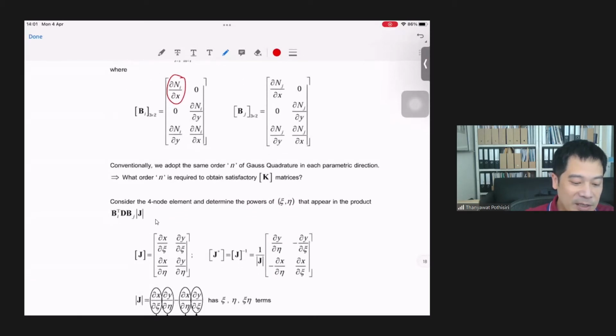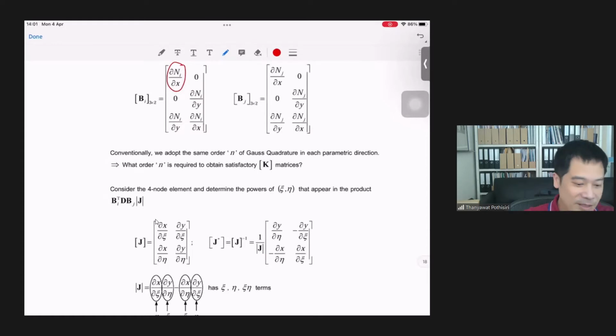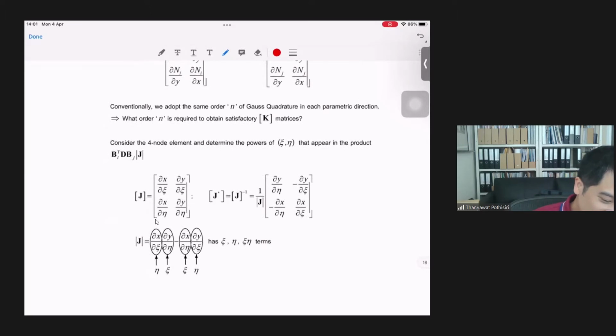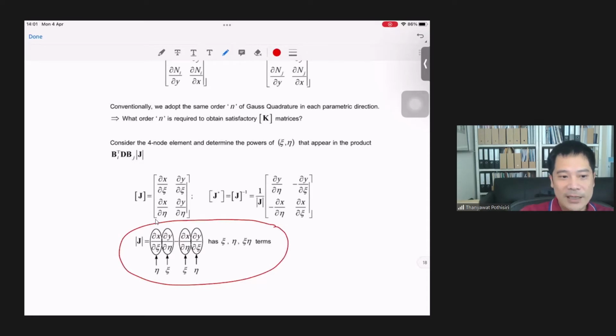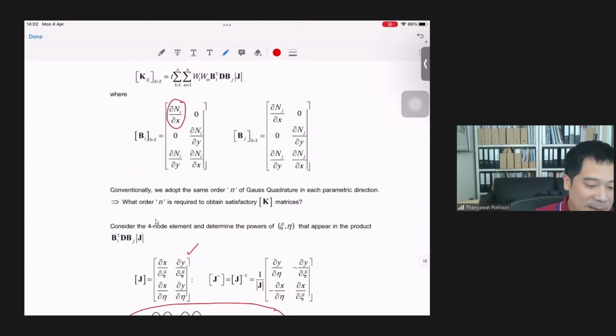So the determinant of the Jacobian matrix would contain terms like this. Okay. Because we have seen that the Jacobian matrix looks like this, right? Okay. And also for the B matrix itself, we know that the B matrix contains the derivative of the shape function with respect to x and y, right?